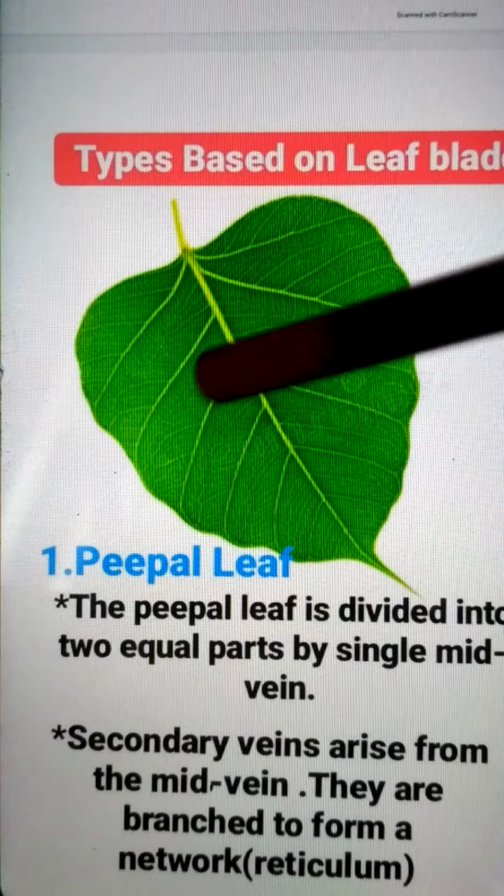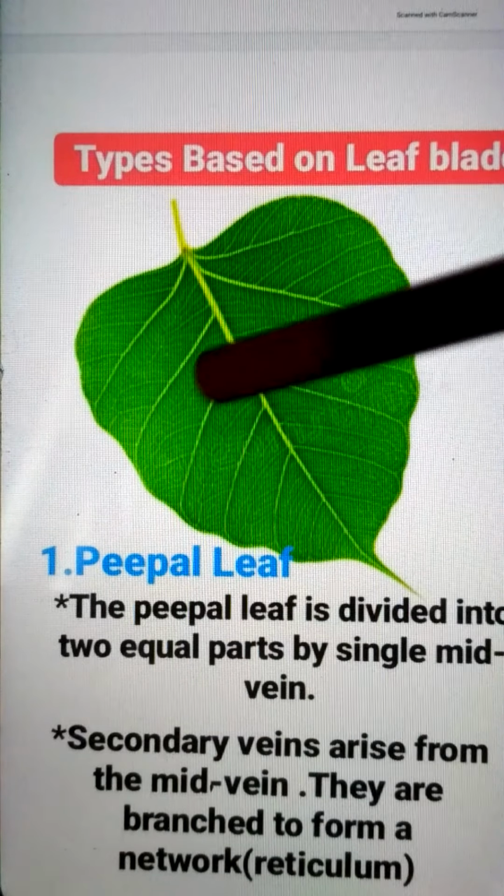Many networks you can see in this. This is called reticulate venation or network venation. You can see many small branched networks. So this kind of arrangement on the leaf blade is called network venation or reticulate venation.